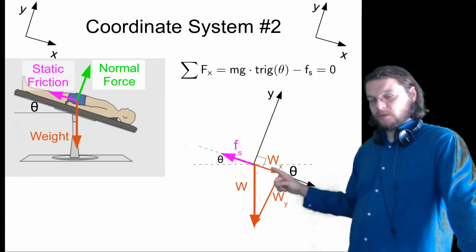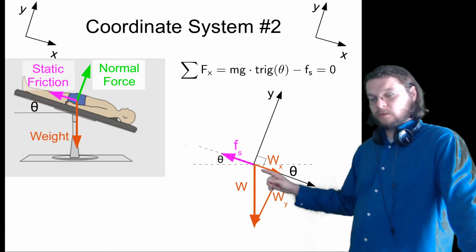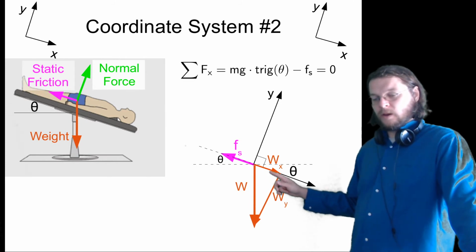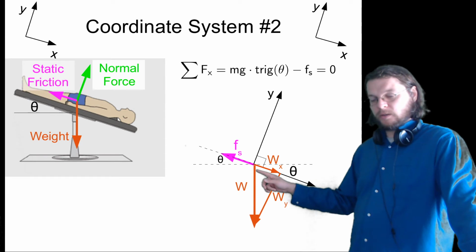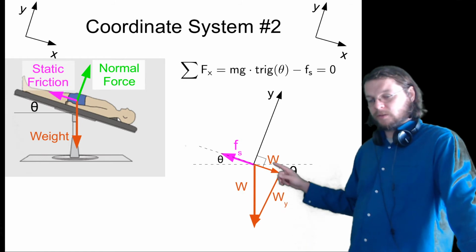The other way to do it would be to say, all right, well, if this is theta, this is 90 minus theta, and then this angle here is 90 degrees, right? I probably should have written that down there. That means that this is 90 minus theta, and then this plus this angle plus this 90 has to add up to 180.